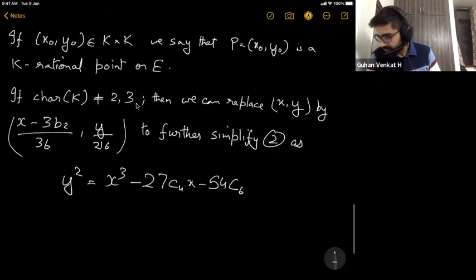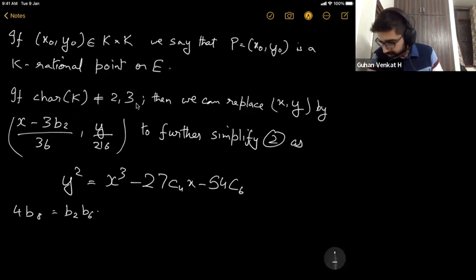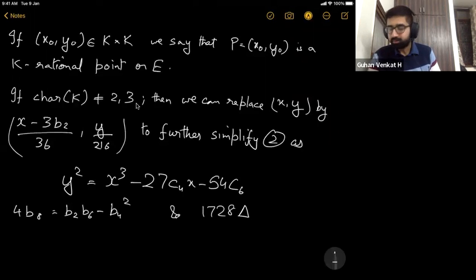Then we get the following identities: 4 b8 is b2 b6 minus b4 squared, and 1728 times delta, which is the discriminant of the elliptic curve, is c4 cubed minus c6 squared.